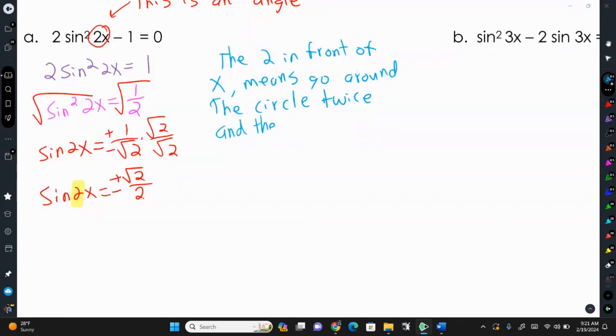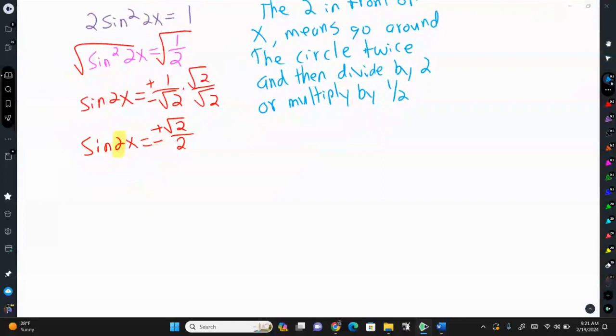And then divide by 2 or multiply by 1/2. Because most of our angles are going to have a fraction already, it's probably easier just to multiply by 1/2 instead.